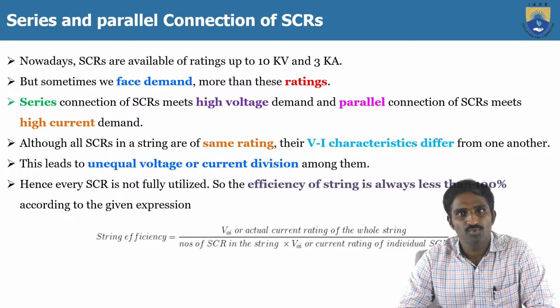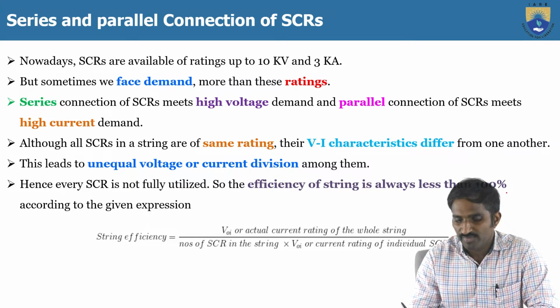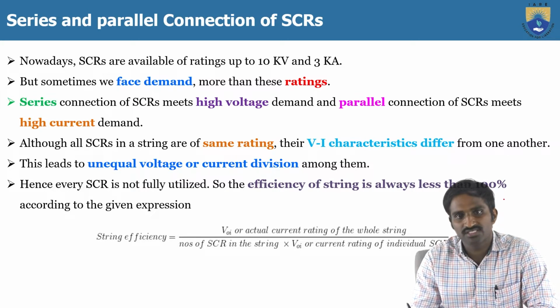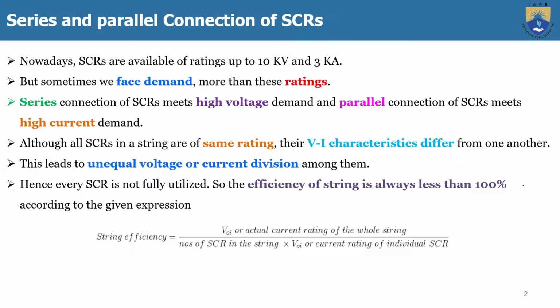Suppose I connect two thyristors in series, which is called a string. Let me consider the actual voltage rating of the whole string to be 10 kilovolts. We are connecting two SCRs, and each SCR is capable of 5 kV.